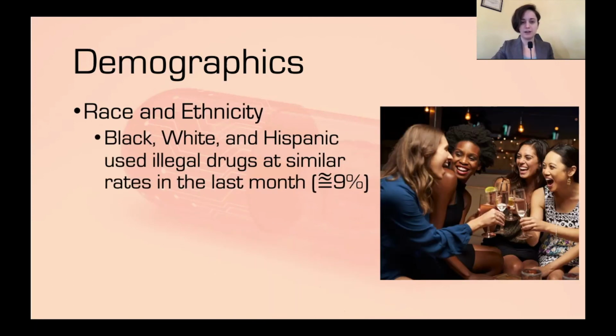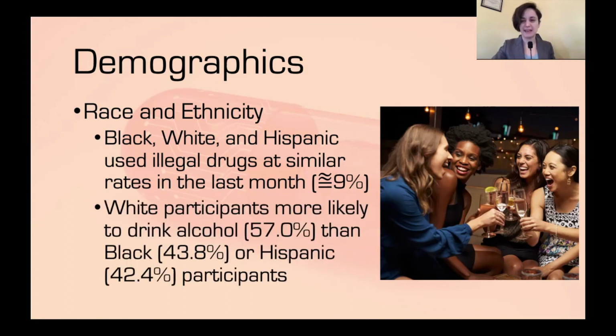We also know that in terms of illegal drug use, there weren't huge differences across ethnicities. The only three ethnicities where they had enough of the sample to make a meaningful comparison were Black Americans, white Americans, and Hispanic Americans. And across those three groups, there weren't distinct differences in the rate at which illegal drugs were used.